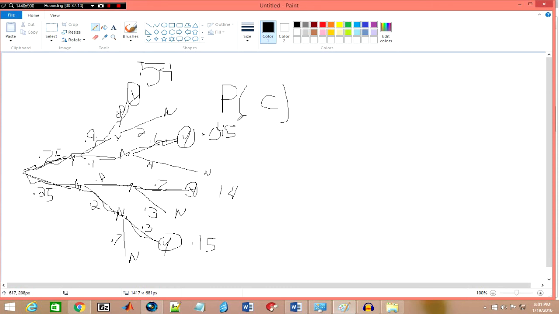Add these all up. Alright, so 0.14 plus 0.045 plus 0.54 is equal to 0.74. So it's a 74% chance that a random person selected from a population will have a warranty on their refrigerator.